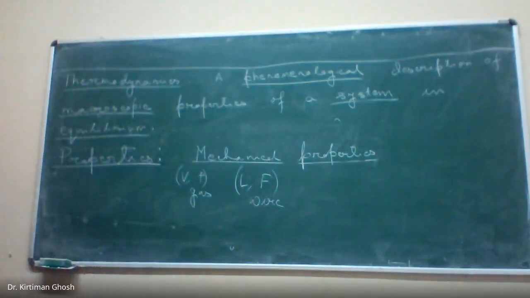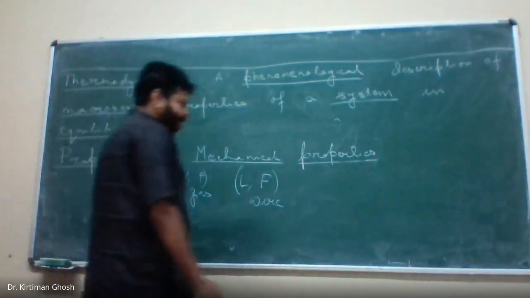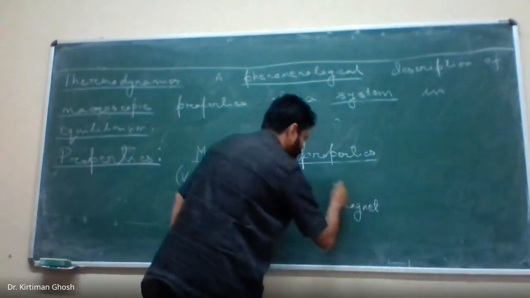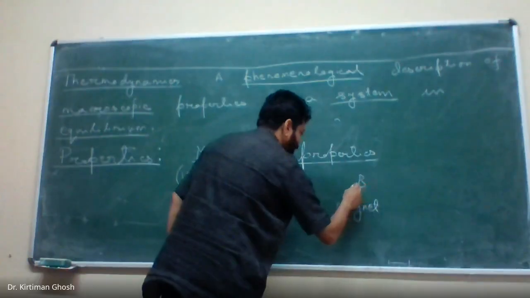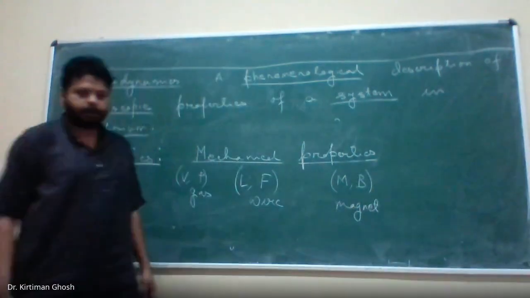So these are the mechanical properties of the wire. Similarly, if you have a magnet, you can measure the magnetic field acting on the magnet and its magnetization. So these are the mechanical properties.